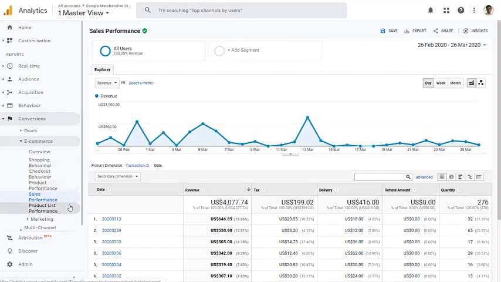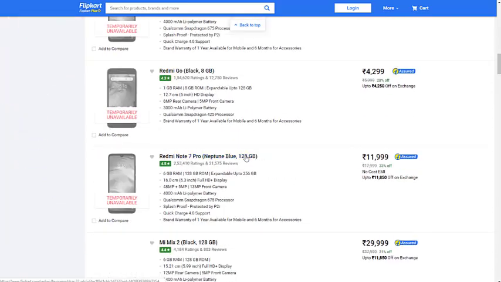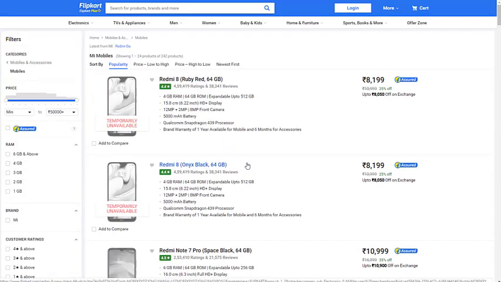So this is about sales. I told you about product lists. These are the product lists, that means one single page with multiple products listed in it. Now, what are the different places in which you can see a product list on an e-commerce website? You can see a product list on a category page, like that's on your screen.